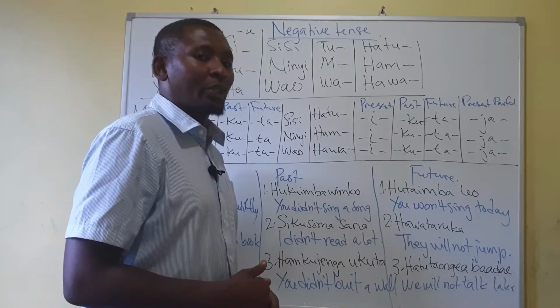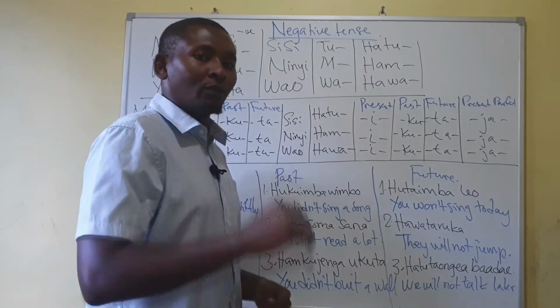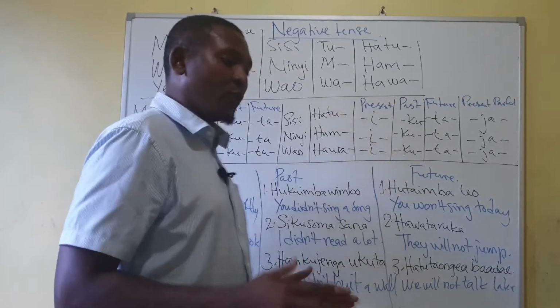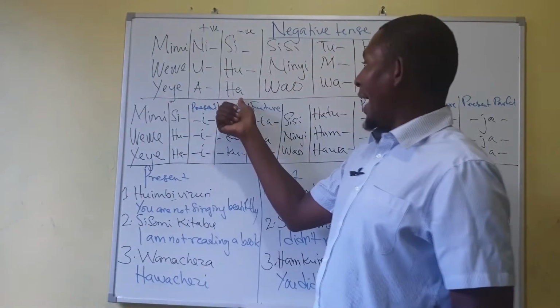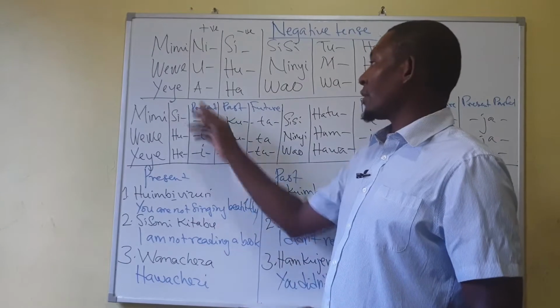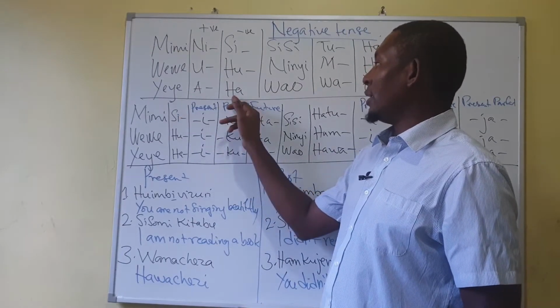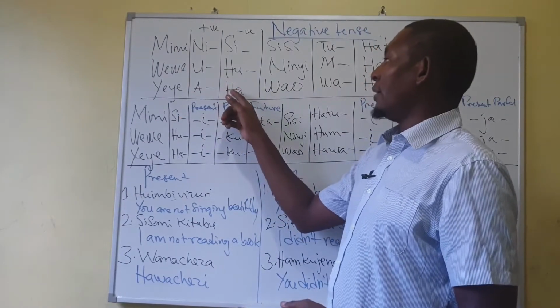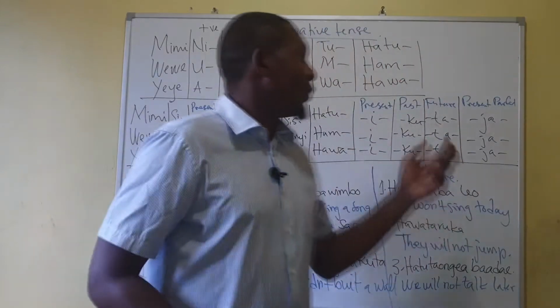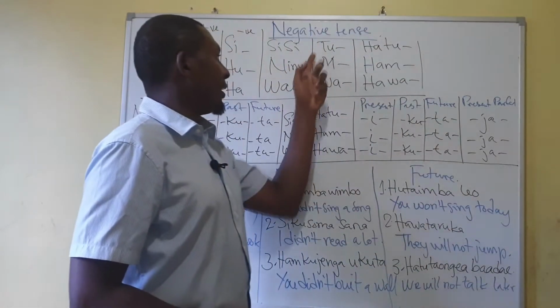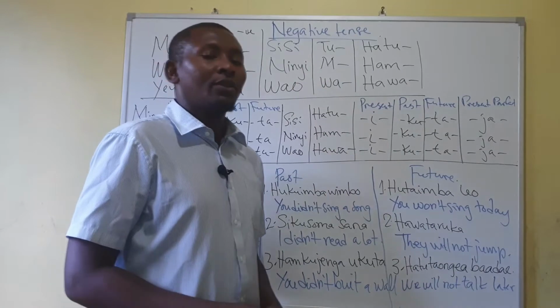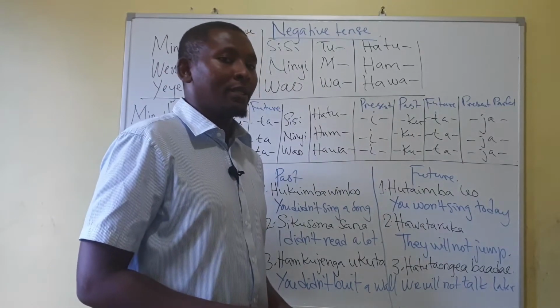We'll see the examples here so that you are not getting any confusion. As for yeye, you add h here, ha, and then you take this ha, you add here in these three sides.